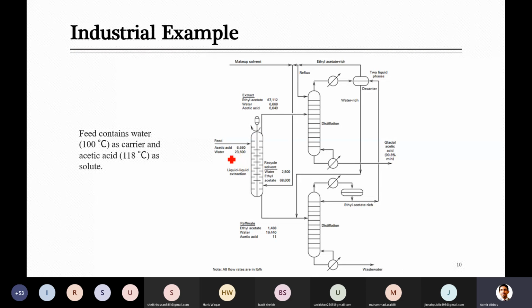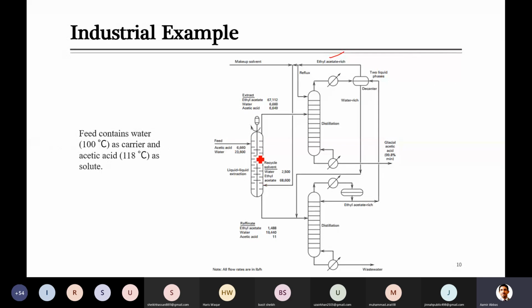So when they come in contact with each other in this column, mass transfer will take place, and as you know your feed contains water and acetic acid, while the solvent which is used here is ethyl acetate. So ethyl acetate is entering this tower from the bottom, and feed is entering from the top.